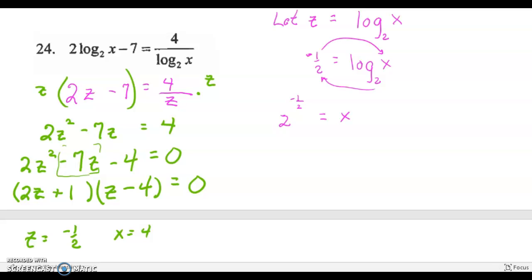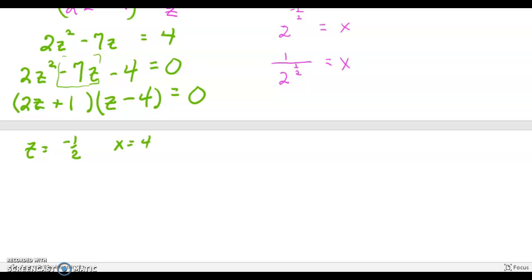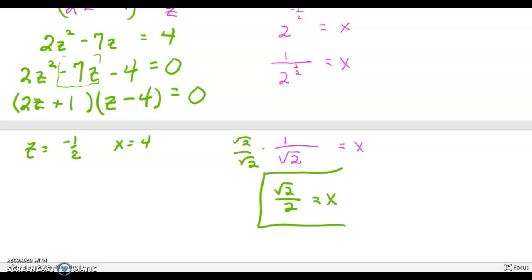I just took it out of log form in order to solve it. That would be 1 over 2 to the positive 1/2 power, and that would be 1 over the square root of 2. We'll multiply top and bottom by square root of 2 over square root of 2, and that will give us the square root of 2 over 2 equals x. And that is a working answer.